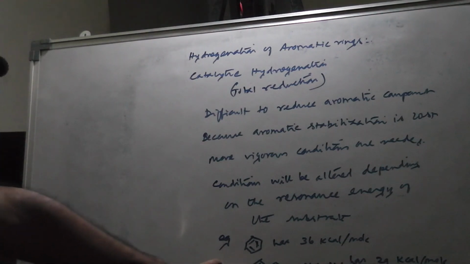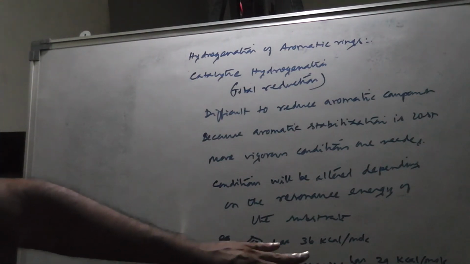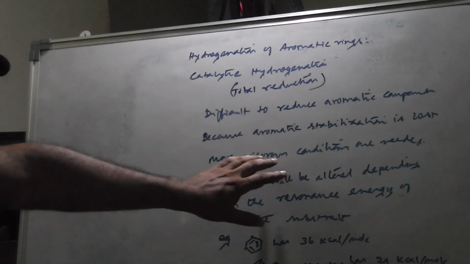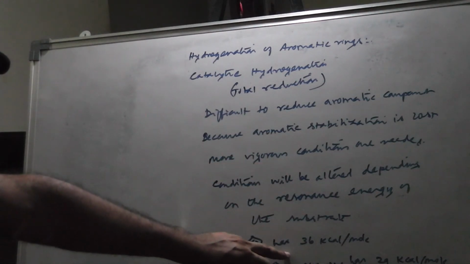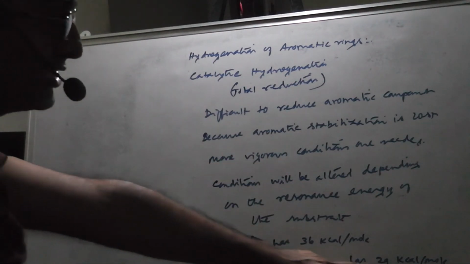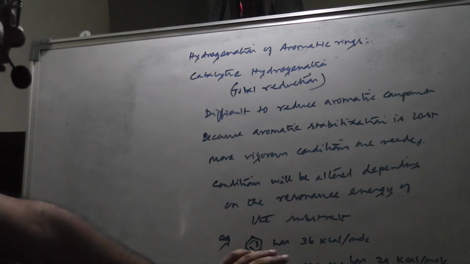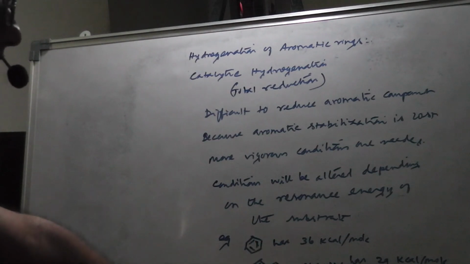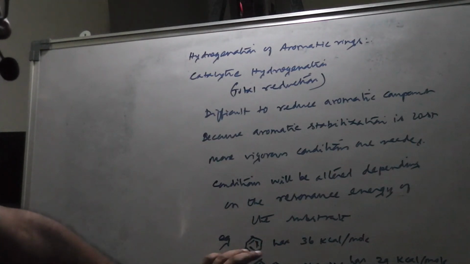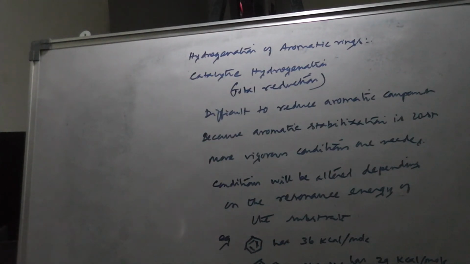So naphthalene can be reduced with less vigorous conditions when compared to benzene. Benzene has 36 whereas it has 29, so naphthalene is reduced more easily. Naphthalene on reduction gives tetralin, whereas benzene on reduction gives cyclohexane.